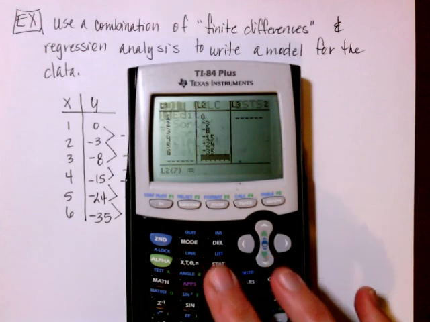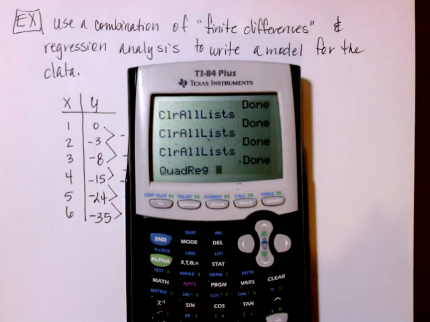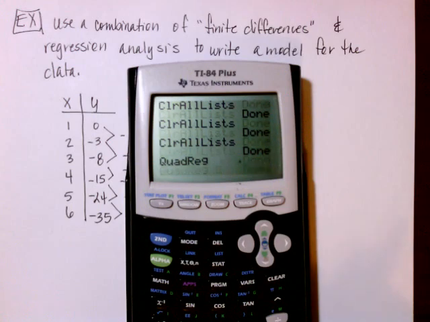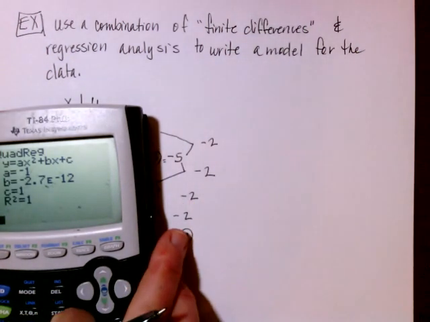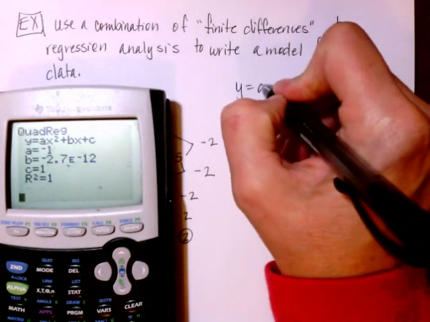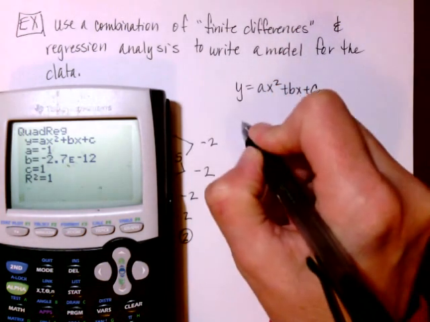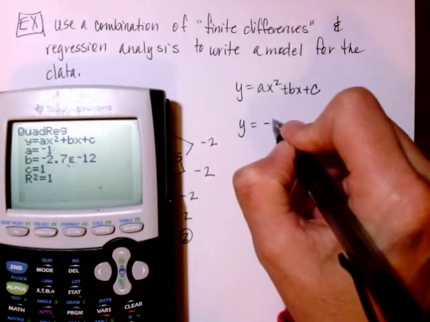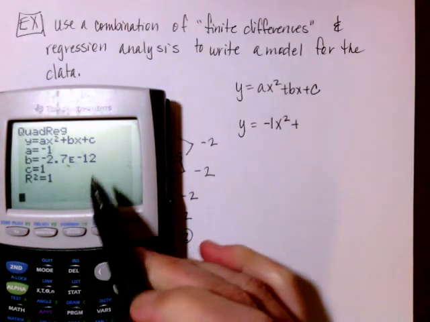Then I'm going to do stat, calculate, and then option number 5 this time for quadratic regression, because we found out it was a second degree polynomial. And there's my equation. So notice that it looks a little bit weird. I'm going to write the generic model up here. So it's ax squared plus bx plus c. When I substitute in my values, I get a -1 x squared plus, well, this is a weird number.